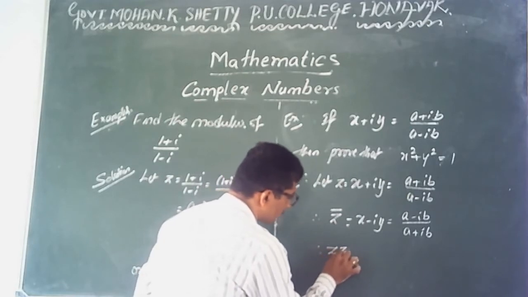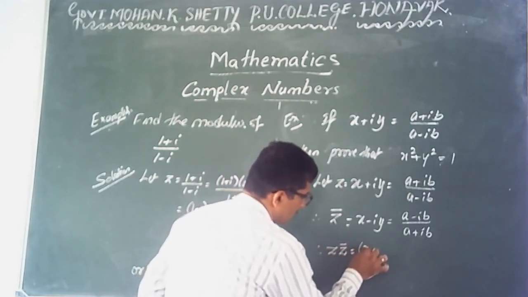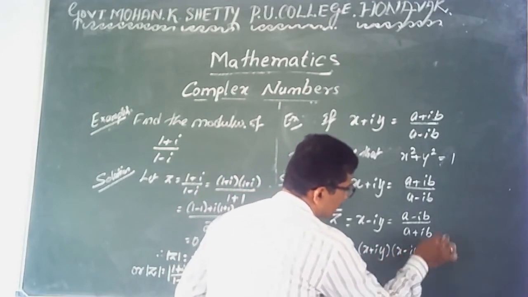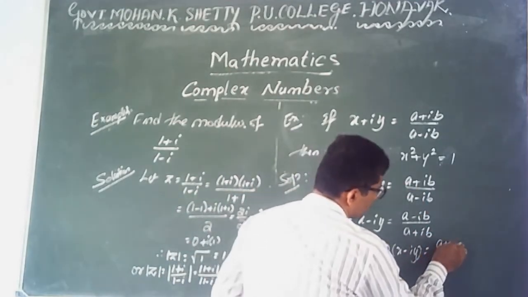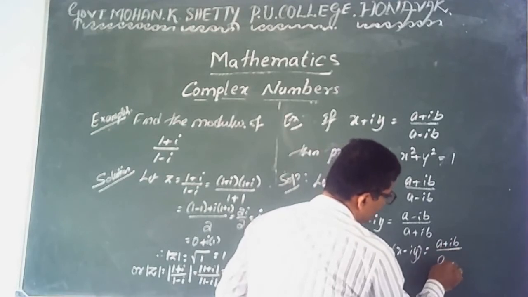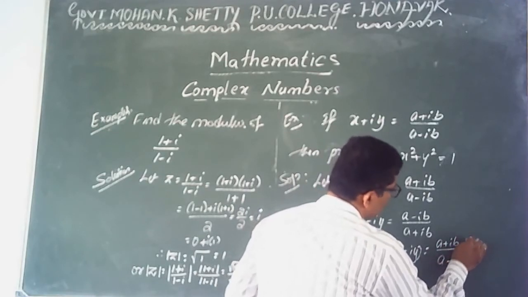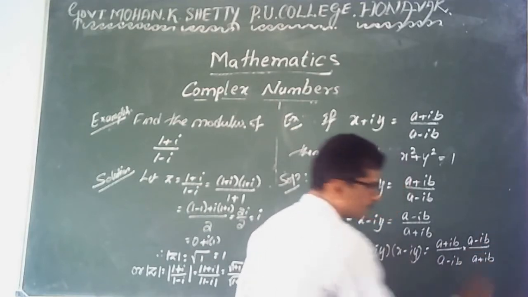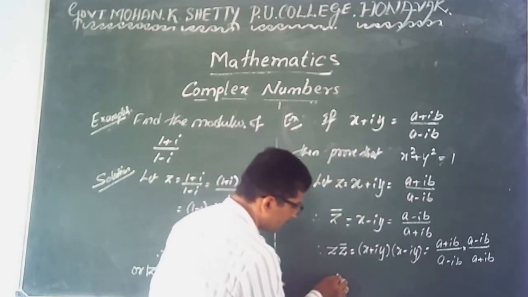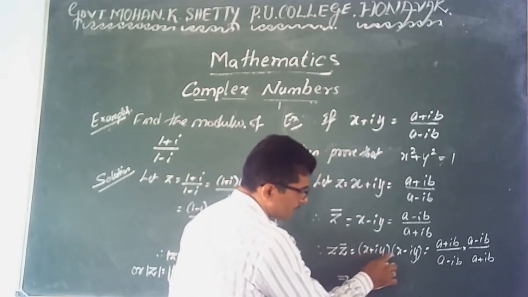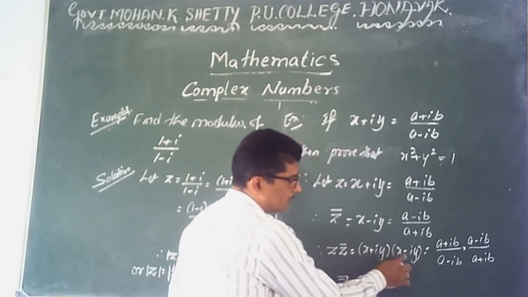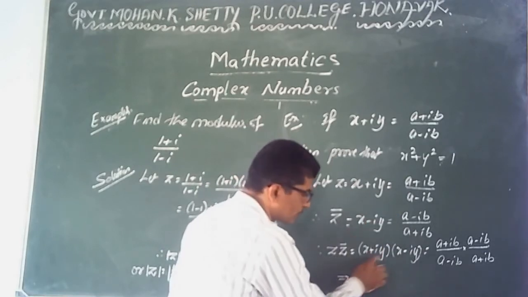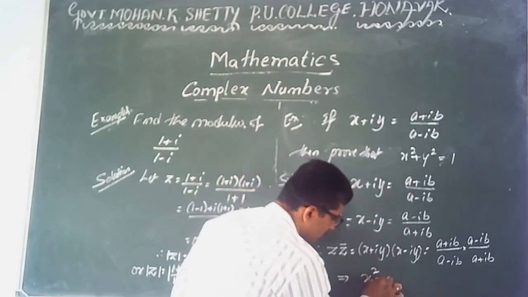Therefore, the product of z into z bar means x plus iy into x minus iy. Its value is here also a plus ib divided by a minus ib into a minus ib divided by a plus ib. It's clear? It implies x plus iy into x minus iy, the product of a conjugate pair, is exactly equal to mod of z whole square. You know the values. Its value is x square plus y square.